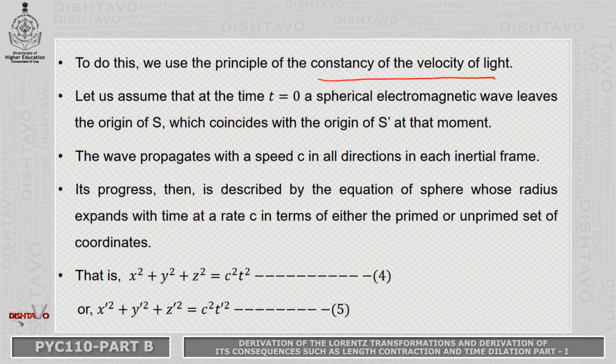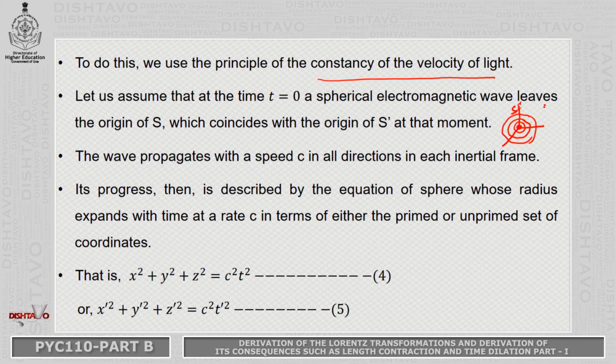Let us assume that at time t equal to 0, a spherical electromagnetic wave leaves the origin of S, which also coincides with the origin of S dash at that moment. That means we had two frames of reference, S and S dash, which were actually coinciding at time t equal to 0, and we have created an event here like flashing a bulb. So a spherical wavefront from this point will expand.